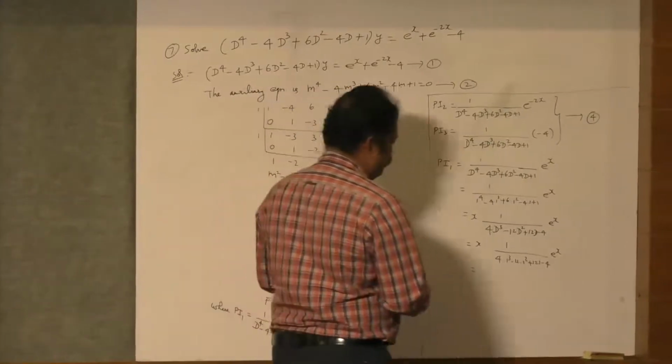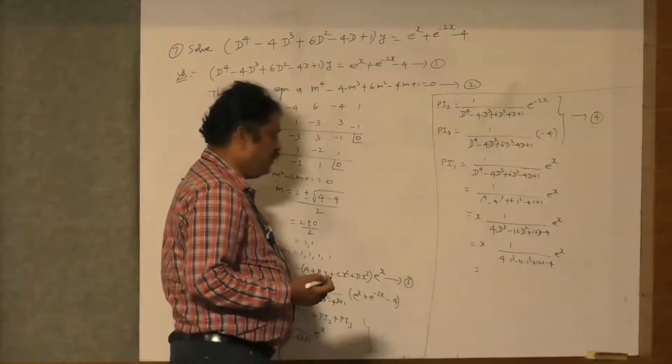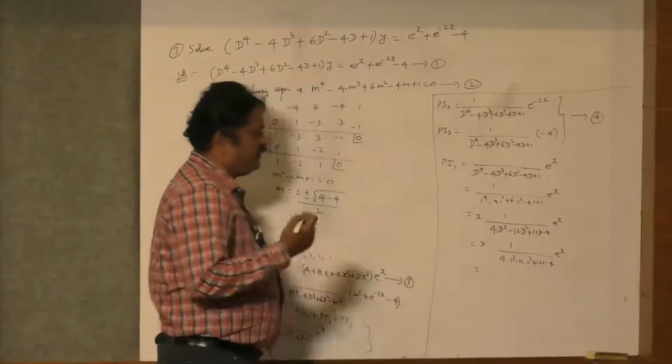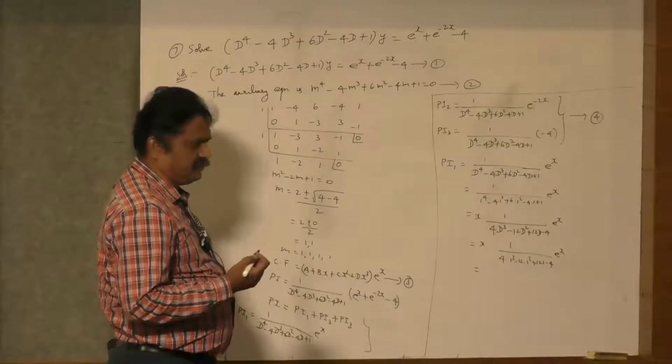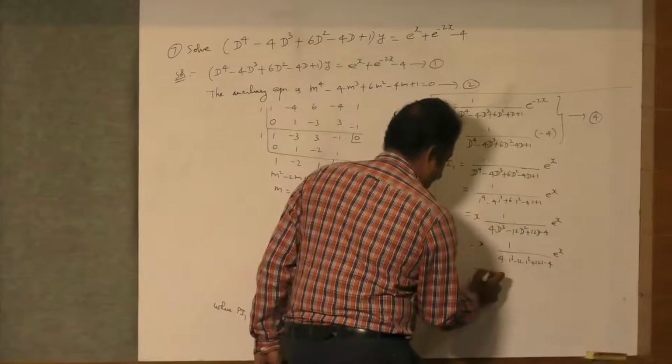So again we have to differentiate the denominator with respect to d. Please remember that every time you differentiate the denominator with respect to d, x should be multiplied to the numerator. Already x is there, so it becomes x square.